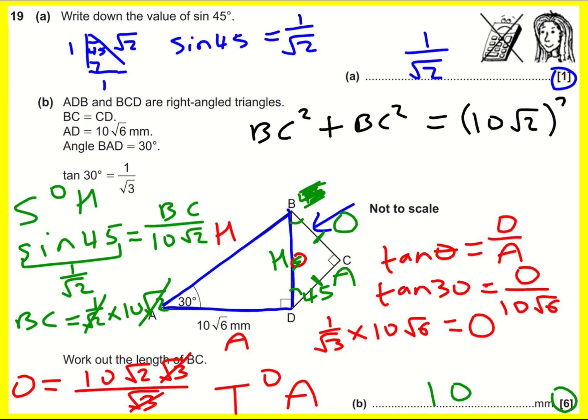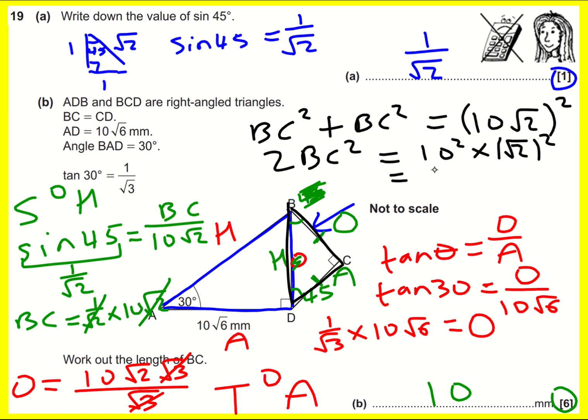I've used Pythagoras' theorem on this triangle, working in terms of BC for both of these shorter sides, and I'm saying it's equal to this 10 root 2 from before when we square them. So that's going to mean that 2BC squared is equal to 100 times 2, because I've put an extra step in: 10 squared times root 2 squared. And that is 100 times 2, or 200, and therefore BC squared is going to equal 100.